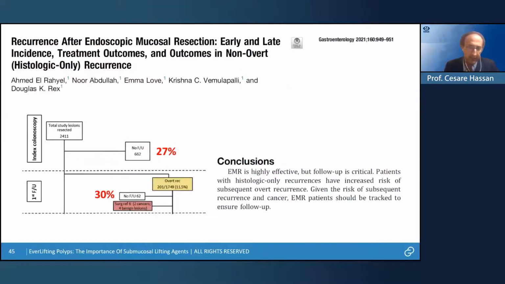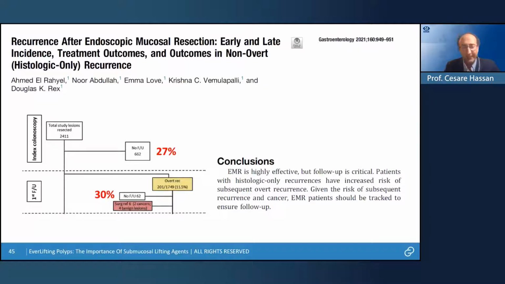And these are the other causes on which we come back. But this is the experience in the Methodist Center in Indiana, a real-life experience over several years. You may see that the percentage lost to follow-up is very similar to the German experience. At the first follow-up, 27% of the patients did not come back to this center.